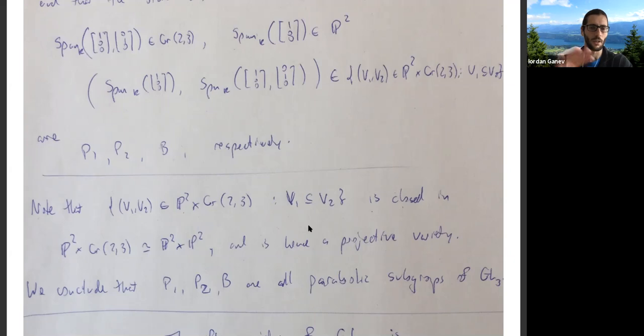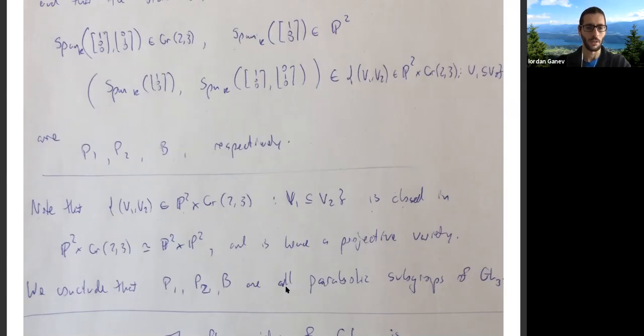This is a closed condition. That's a closed subvariety of P2 cross P2, and P2 cross P2 is a projective variety. And a closed subvariety of a projective variety is again a projective variety.